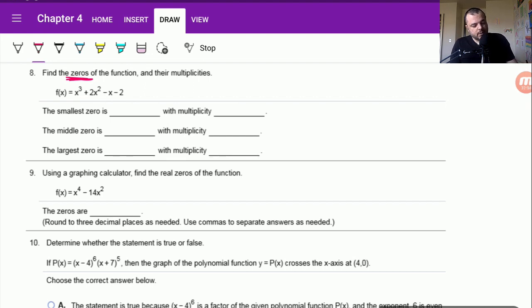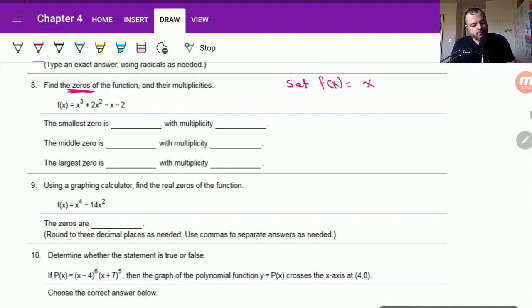So the first step is going to do what? Set f of x to 0. We did one problem when we have the function written in factored form. That's fine, which is straightforward.